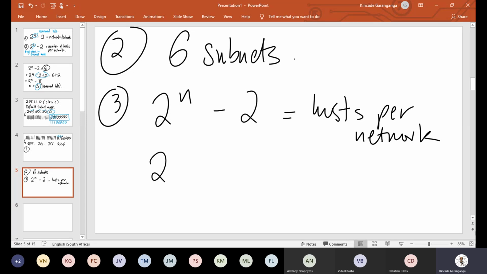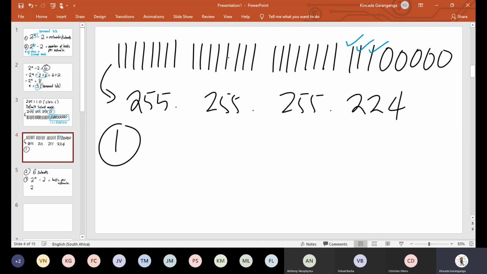So how many zeros do we have in our subnet mask there? It's going to be 5, exactly.